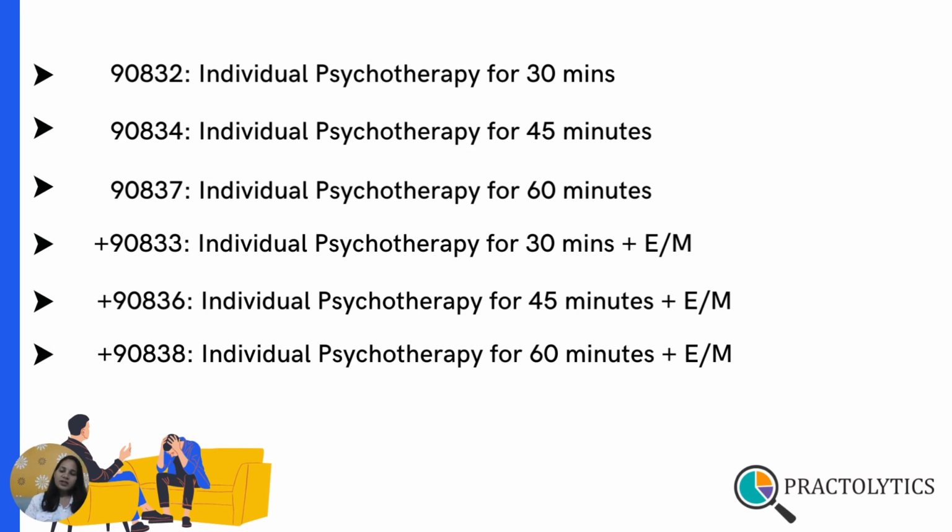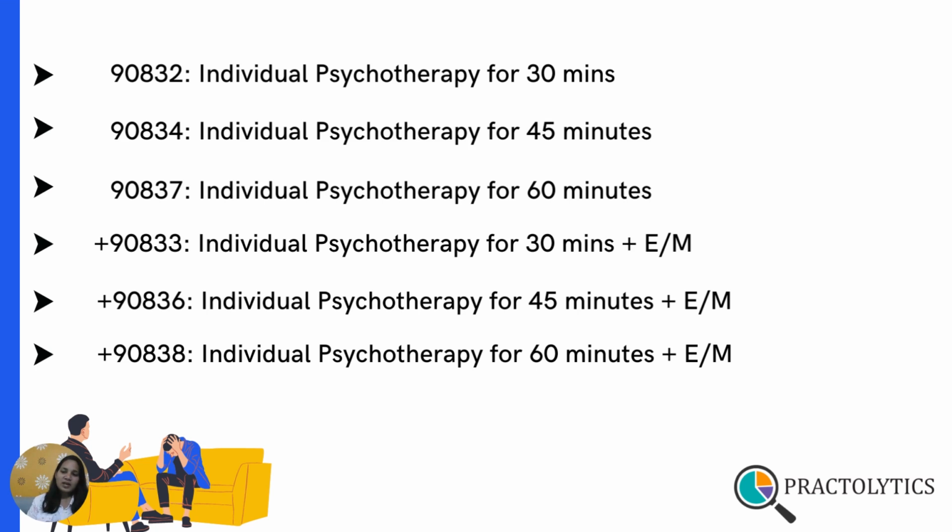For a therapy session which lasts 17 to 37 minutes, use CPT code 90832. For a session of 38 to 52 minutes, use CPT code 90834. For a session of 53 minutes or more, use 90837.